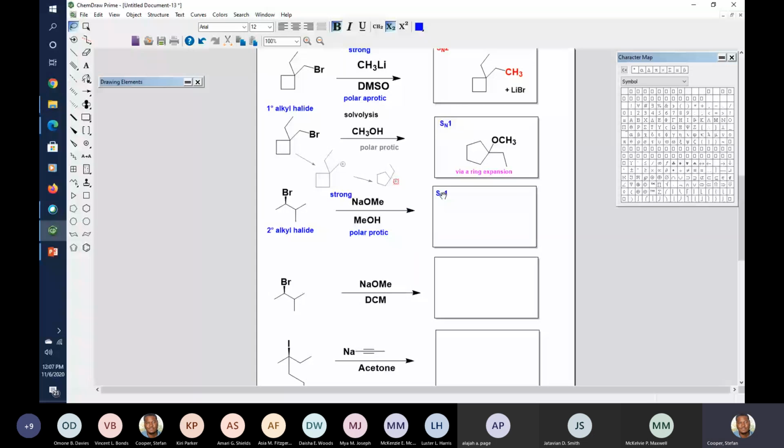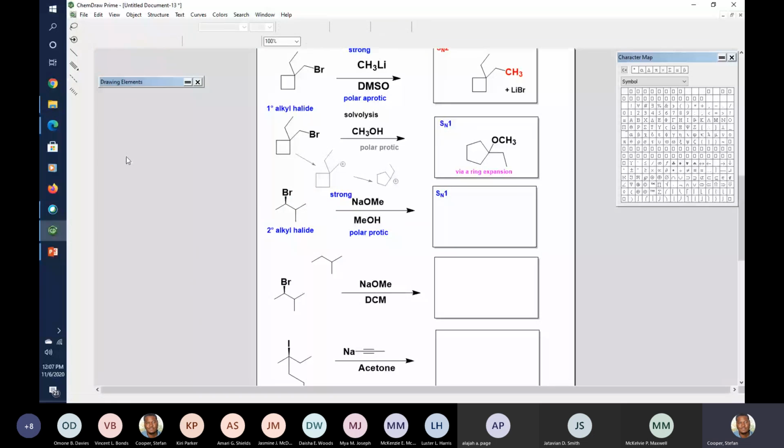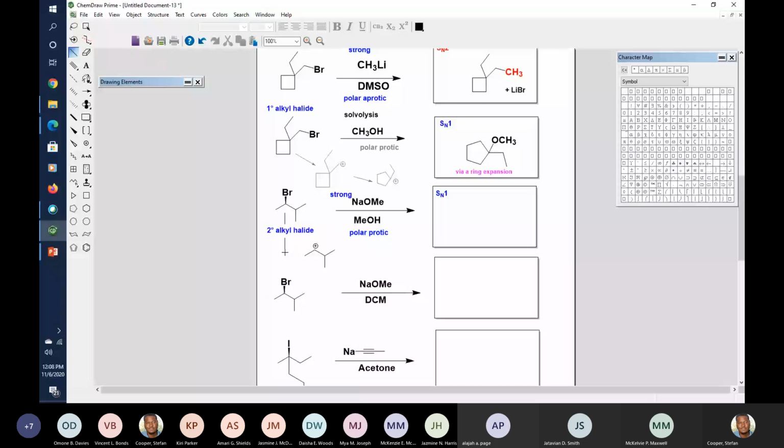So what I have to see here is that the first step is going to generate a carbocation, right? I'm always SN1 now. And I need to check, can this carbocation rearrange? And hopefully you guys can see that it can. All right, and this is going to rearrange via a hydride shift. I'm going to draw the H in here.